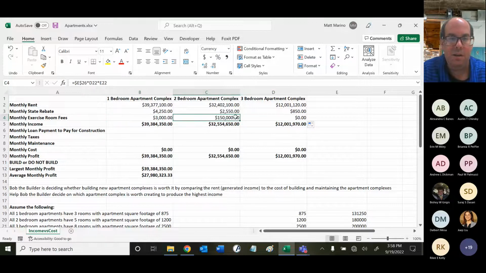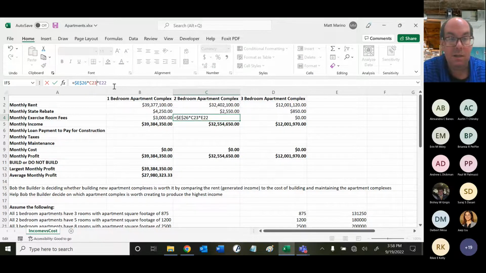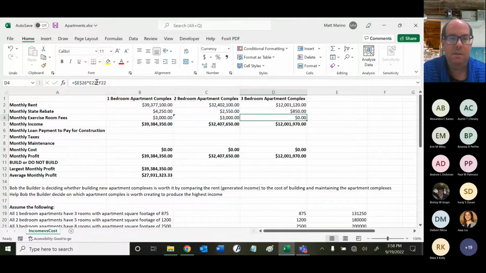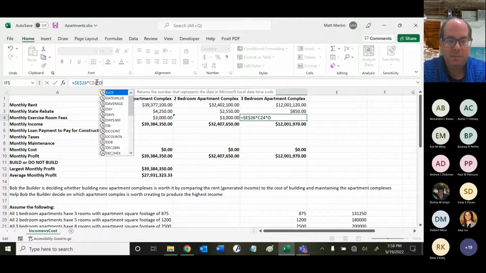When you autofill that over, it should be for the second one, D23 and D23. And then for the last one, it should be C24 and D24.